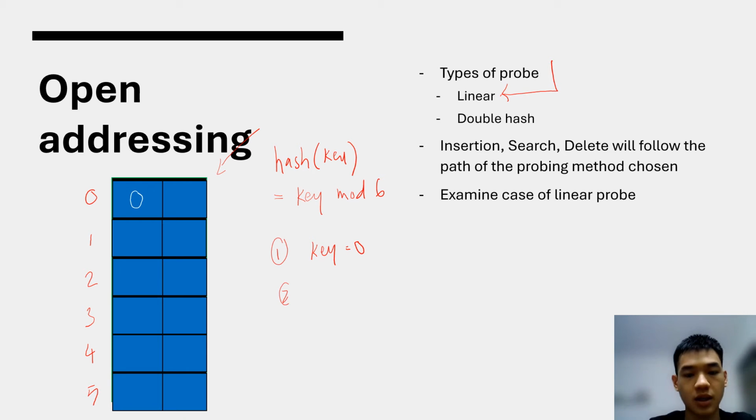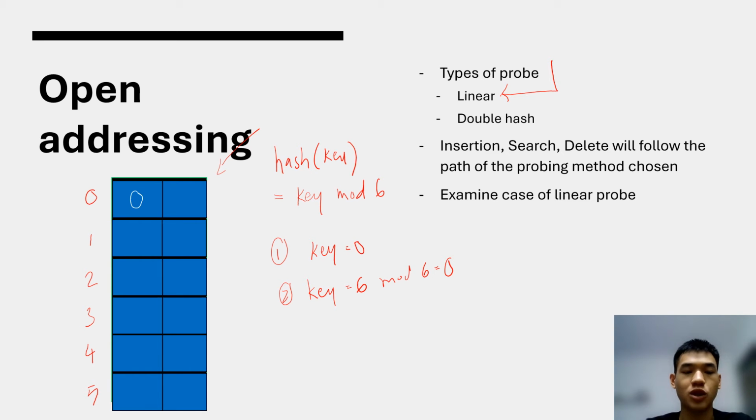Now, I give you a key equal to 6. 6 mod 6 is 0, right? And we know that key 0 is already inserted, yet you still must put key 6 into hash slot 0. This isn't going to work because your load factor must be less than 1, so each slot can only take up one key.